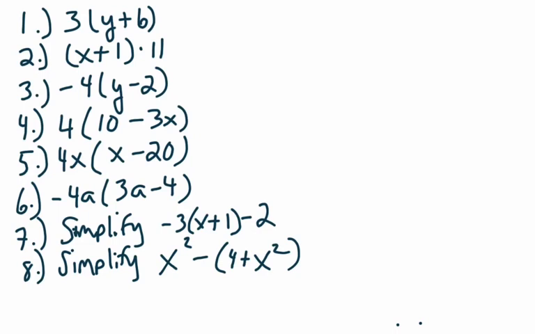Negative 3 times x plus 1, and then minus 2, and then a really tricky one there, x squared minus, and then after the minus sign in the parentheses, 4 plus x squared. So pause the video, try to work these out, and then we'll go over them together.